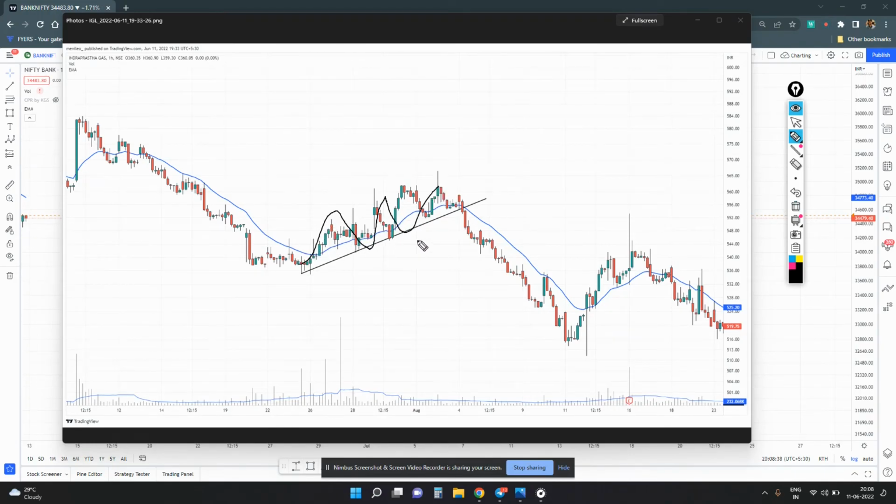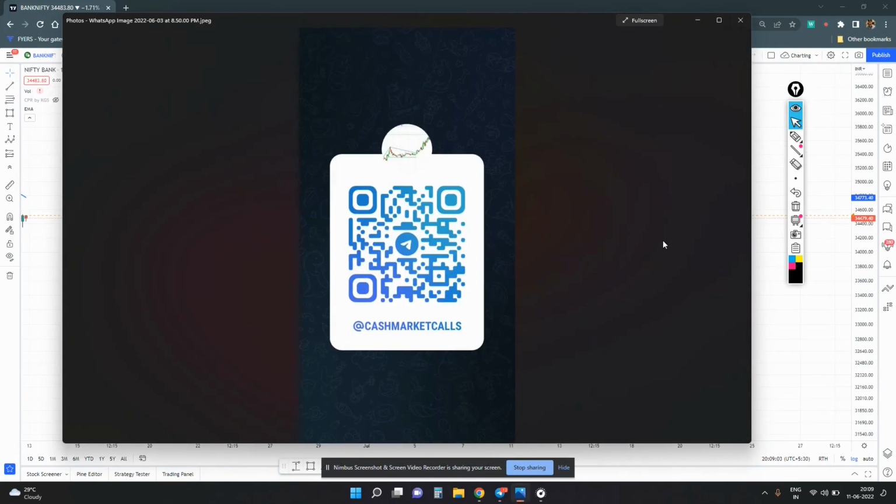Once this wave was supported by the 20 EMA, you can see the bounces here are from the 20 EMA, and once this 20 EMA trend line was broken, then you can see the fall. So you have to train your eyes to see this kind of logic, and you can get very nice trades. So that's it about today's video.